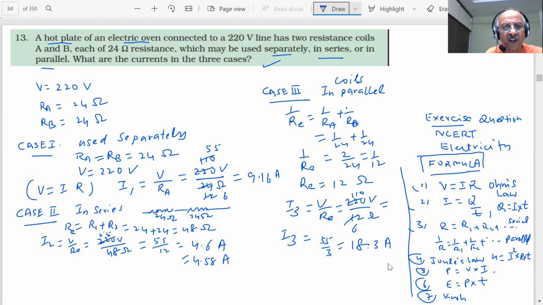In series, the resistance increases, current decreases. I is inversely proportional to R. That is what we know about it. Resistance increases, current decreases. Resistance decreases, in parallel, current increases. Maximum current is where it is in parallel.